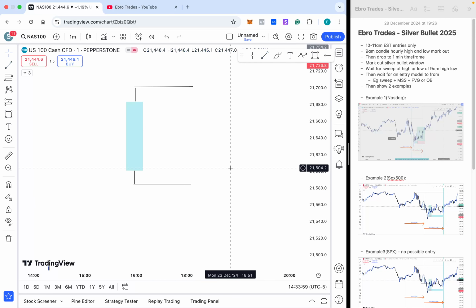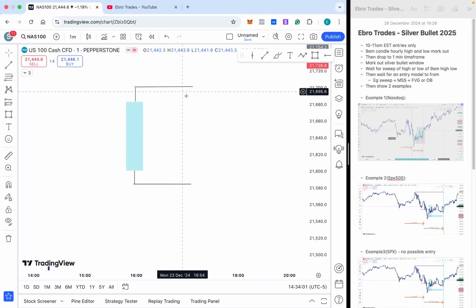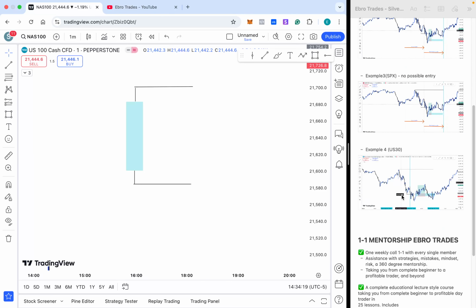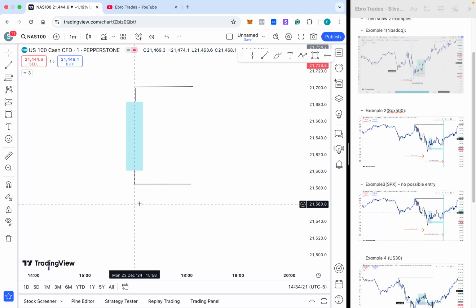All right. So once we've done that, as soon as 10 a.m. comes along, we are going to drop to the 1 minute time frame. Now, the pairs that this works on, I've been using this predominantly on NASDAQ, on SPX, and on US 30, so predominantly on indices.